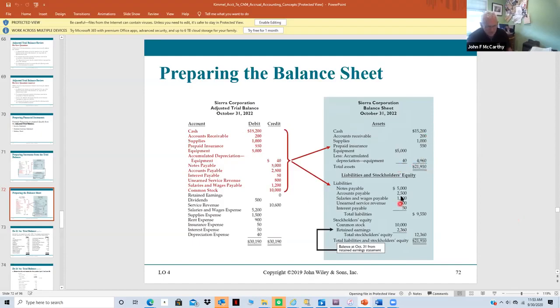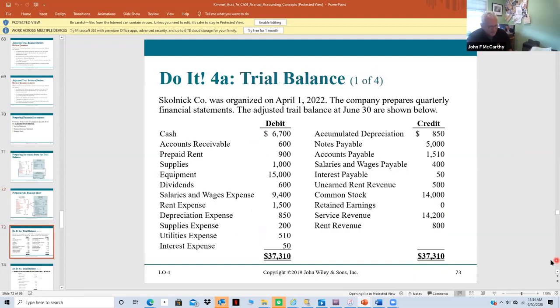So that equals total assets, which equals liabilities plus stockholders' equity, and it all balances. But to do that, you have to know what every account is and where it belongs. But again, the trick is to do the income statement first, roll that into the retained earnings statement. That gives you the ending retained earnings balance, and then you can put the balance sheet together. And that's how it's done.